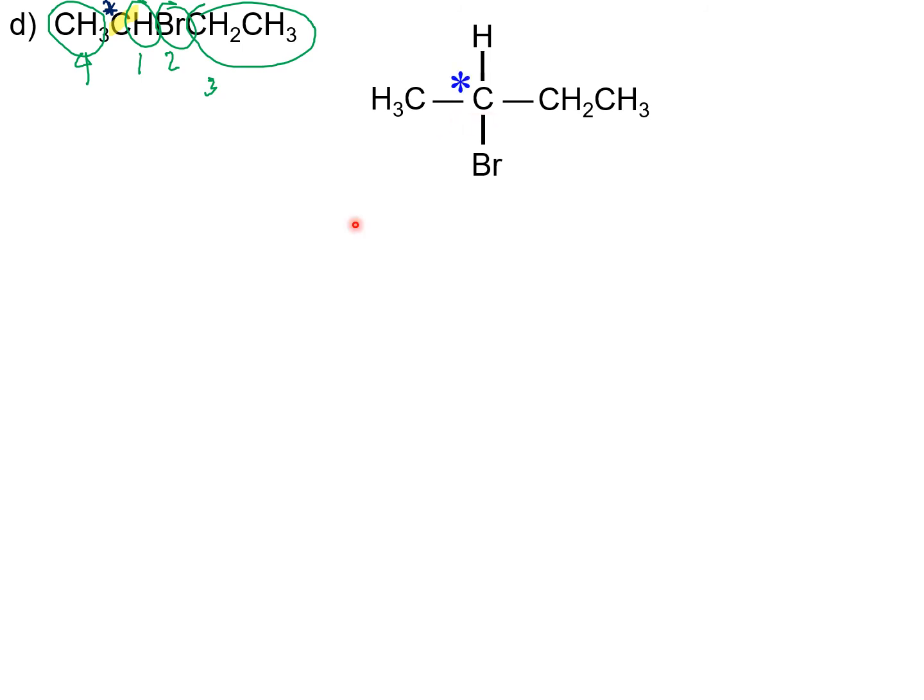Okay, and please don't forget to mention this carbon is a chiral carbon by putting this symbol. Okay, because kalau let's say the question wants you to draw enantiomers, you need to show yang this is a chiral carbon by showing this symbol. Okay, nanti examiners tahulah nak marking.